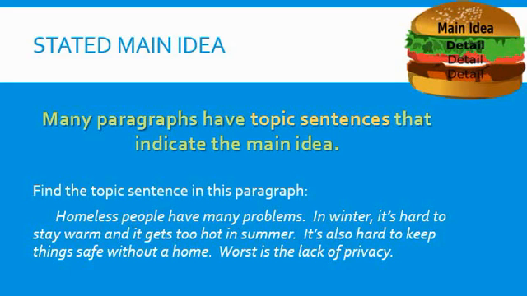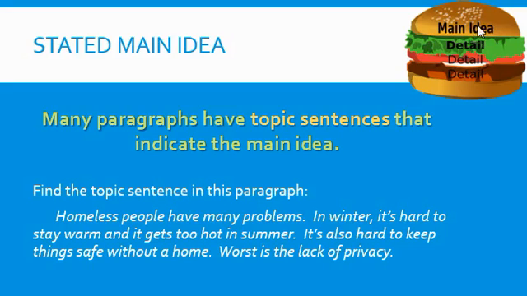In order to get one step closer in answering our essential question, how do good readers find main idea? We take a look at stated main idea. A stated main idea is a topic sentence and usually the first or the last sentence of a paragraph. Think back to our hamburger paragraph organization.